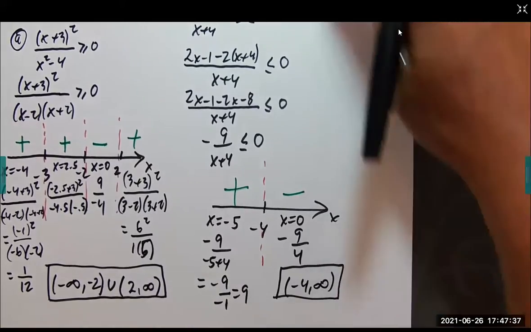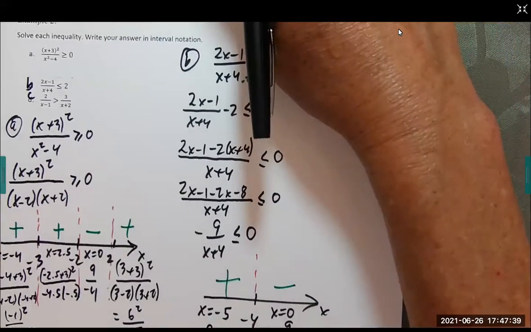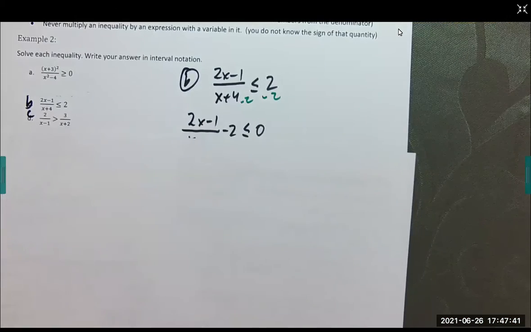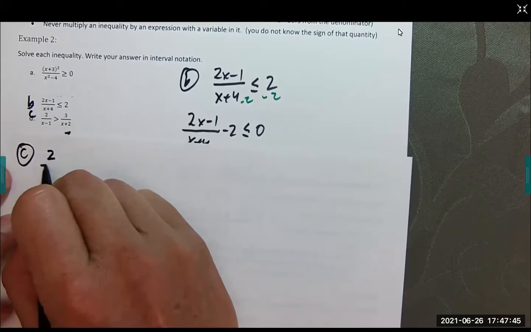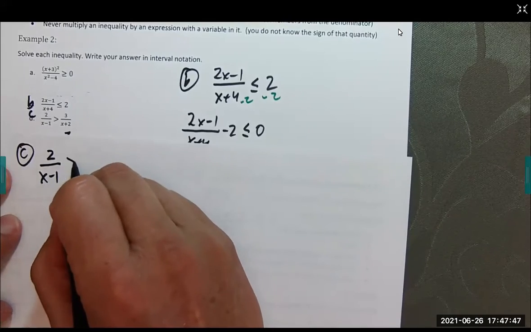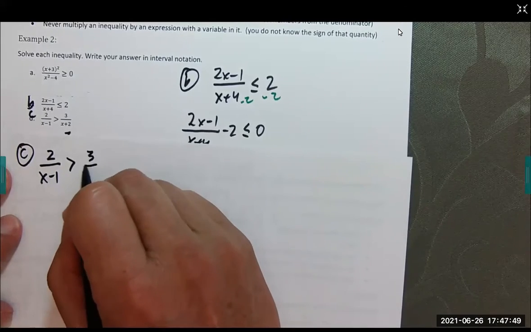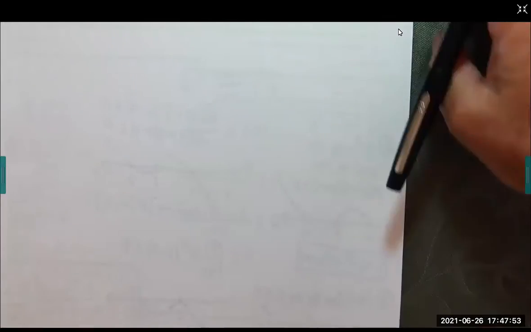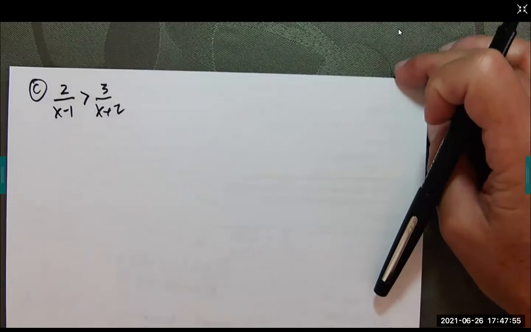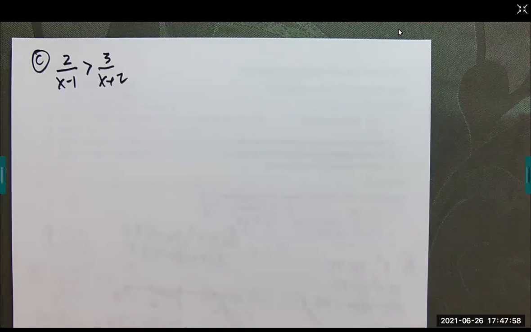And for part C, use the back of the previous page. So here I have 2 over x minus 1 is bigger than 3 over x plus 2. Scooch that down. This one's even more involved because I still have to get the whole thing equal to 0.